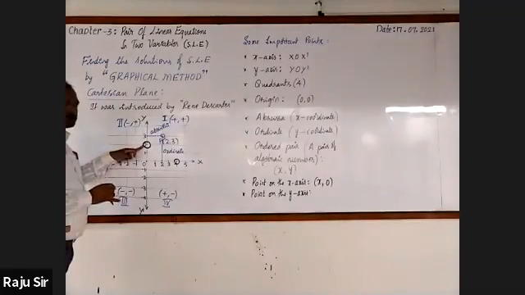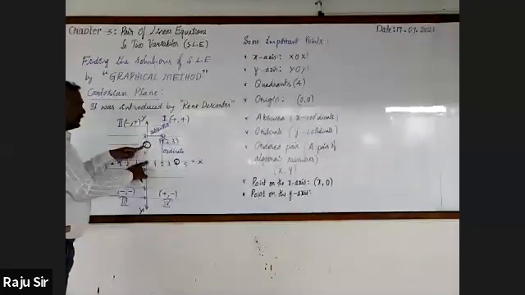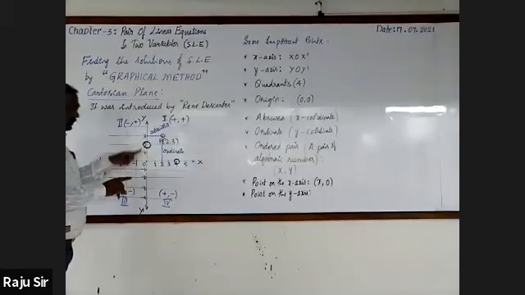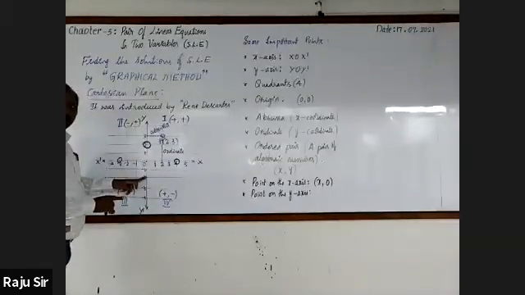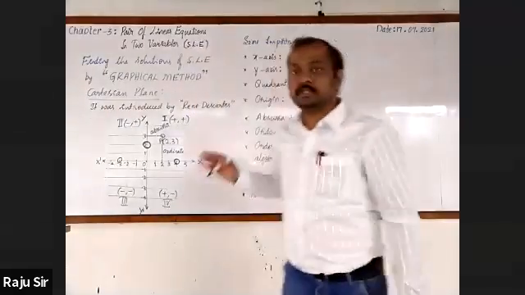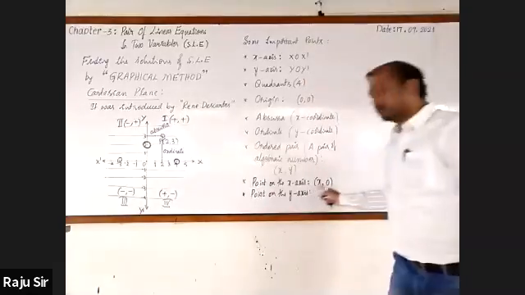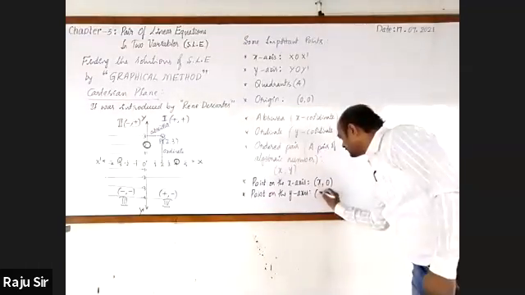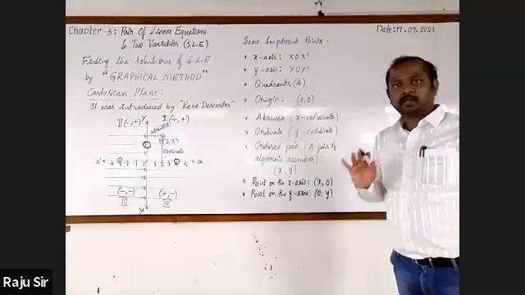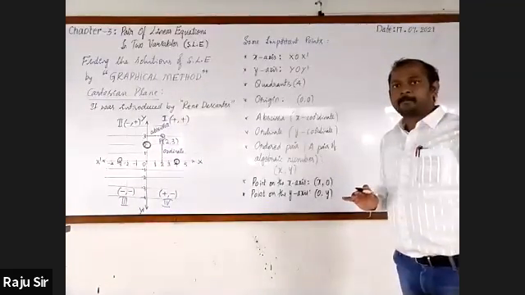Tell the coordinates of this point. 0, 2, sir. Now the point is here: 0, minus 2. In general, when the point is on the y-axis, we write it as 0, y.